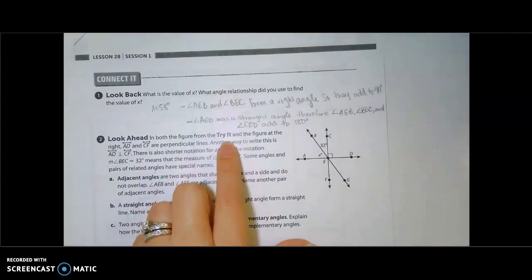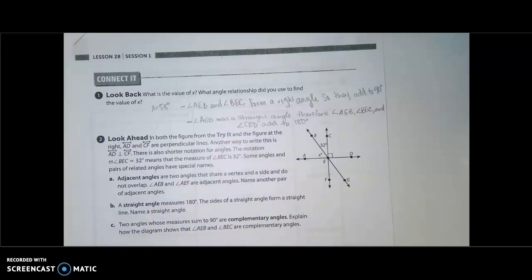So those were the two types of angle relationships that most students used to find that x was 58 degrees.